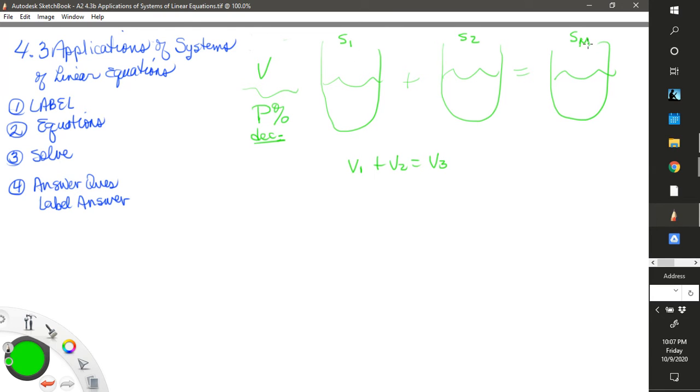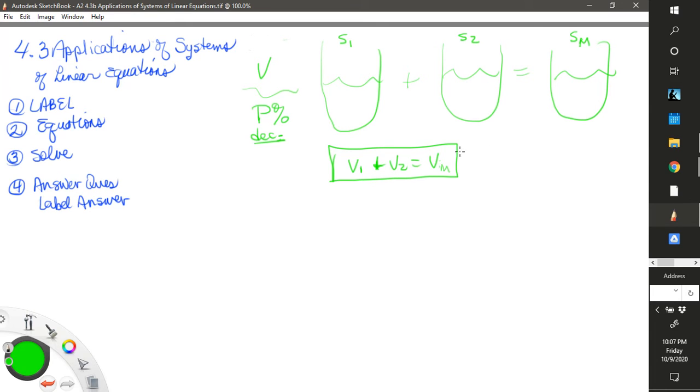We would add these two to get the third, but we would subtract this value to get one of these two. So we always have this relationship as a part of our strategy base, that the volume of solution 1 plus the volume of solution 2 equals the volume of the mixture, and I have a 3 here, but really that would be an M.